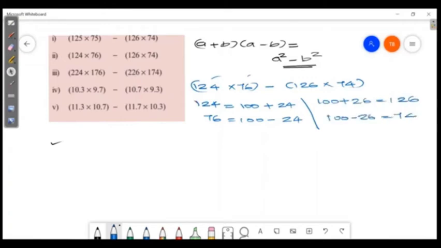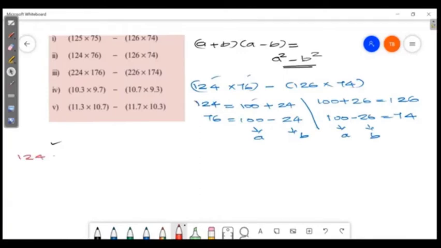So from the first product our a is 100 and our b is 24, minus from the second product our a is 100 and our b is 26. Clear children? That is, first product is in the form (a plus b) into (a minus b) and the second product is also in the form (a plus b) into (a minus b).